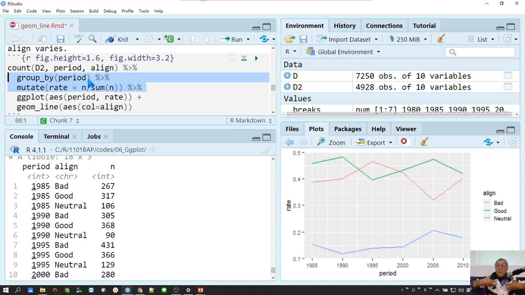When you want to compare, you want to know the foundation of comparison. So in this case, we want to compare the trend of a line across periods.